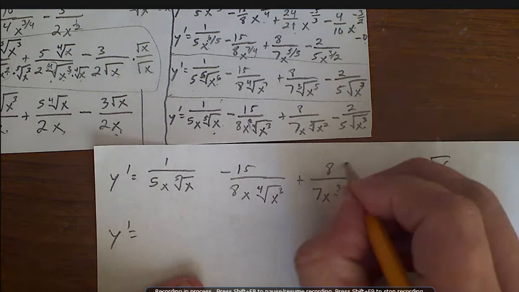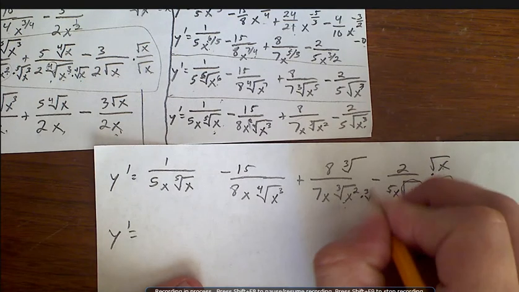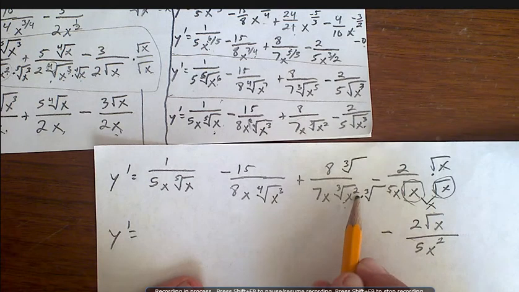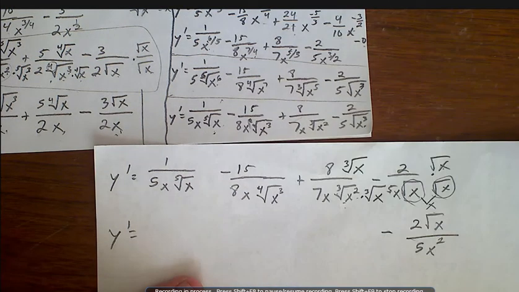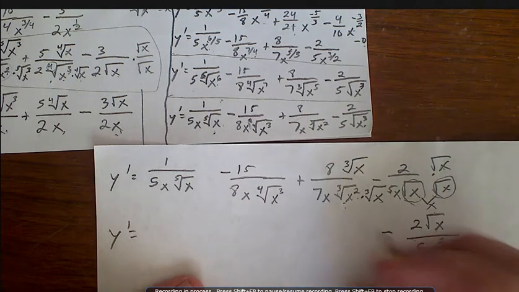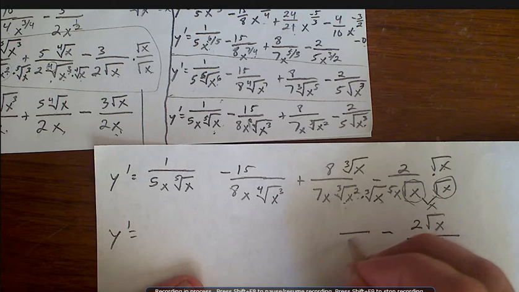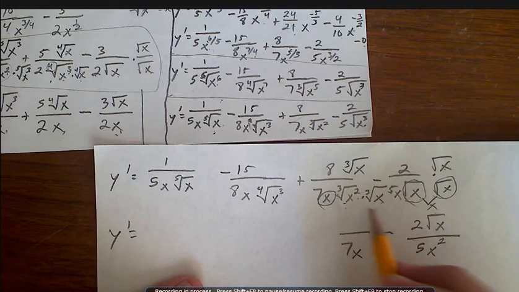Okay, this one here, I have 3 x's, I need one more to complete this radical, so I'll multiply by one more, the 4th root of x. So I have negative 15, 4th root of x, over 8, I already have 8x, this adds another x, so 8x squared.